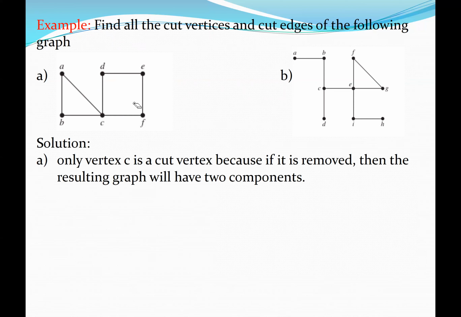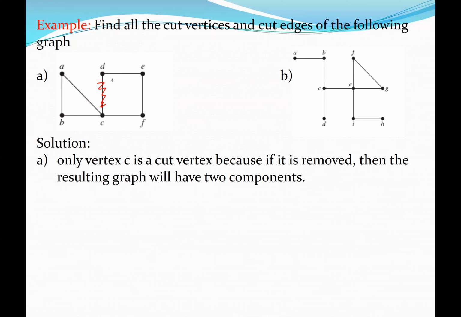Now let's see if we have any cut edges. Let's remove HAB. We still have one component. If we remove HAC, we still have one component. If we remove HBC, we still have one component.